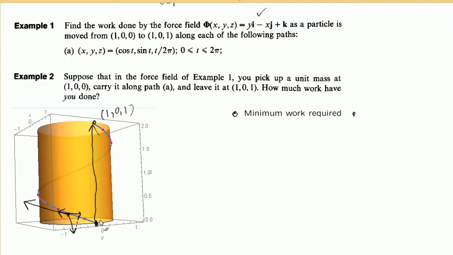Change the path. And if there's no gravity, if I just, for a very short period of time, toss it just a little bit, then it'll keep rising, right? It doesn't require anything from me except the very momentary impact at the beginning. It'll rise and get there. So minimum work required by me is essentially 0.